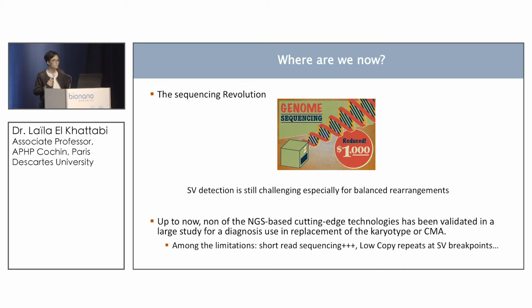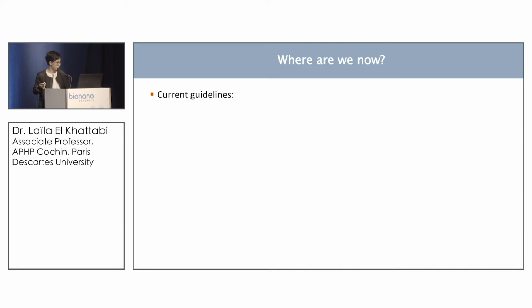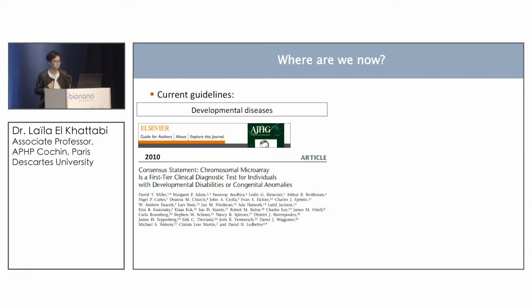As said before, this is limited because short-read sequencing is commonly used, and we have low copy repeats at the SV breakpoints, a hurdle that is really hard to overcome with sequencing. That's why current guidelines recommend CMA as a first-line test for developmental diseases.